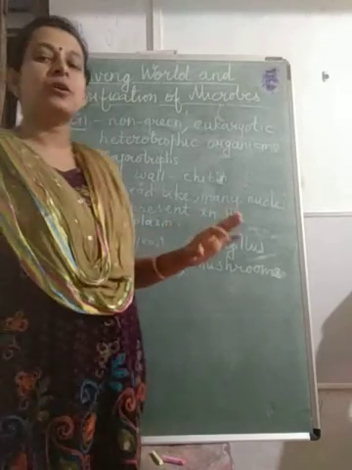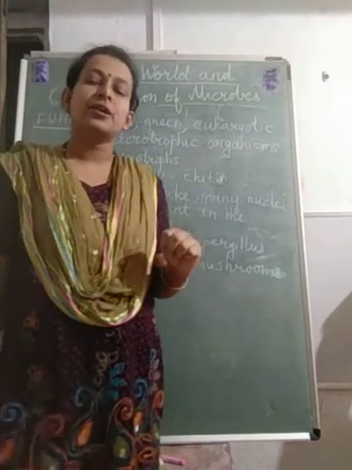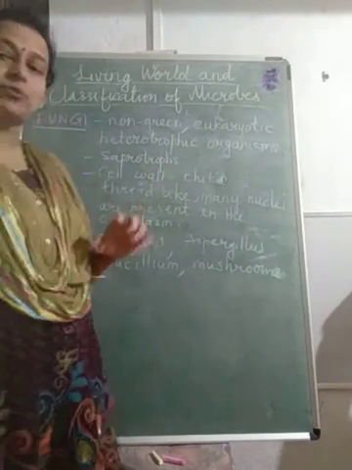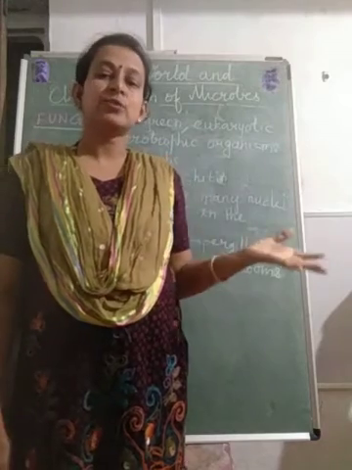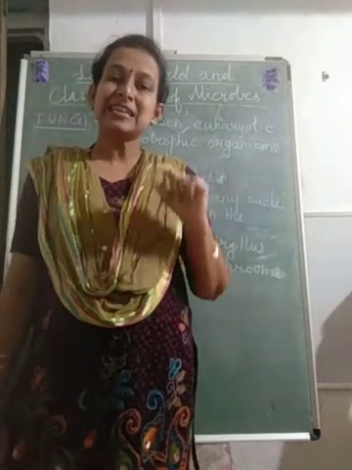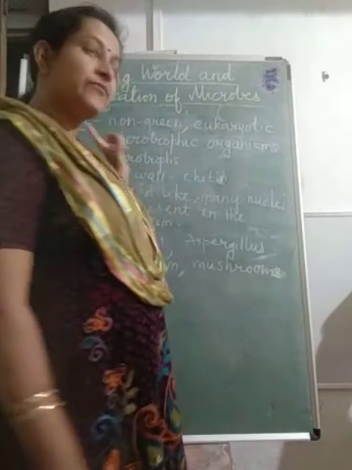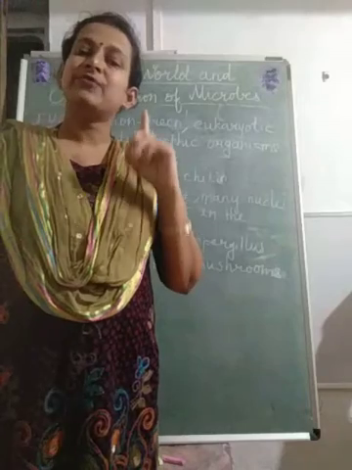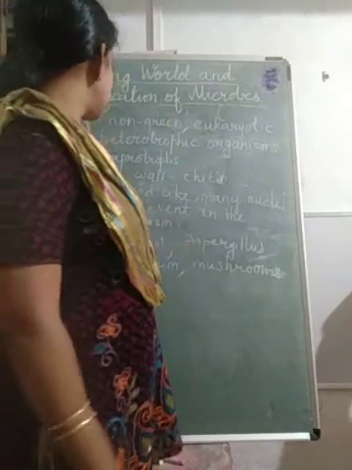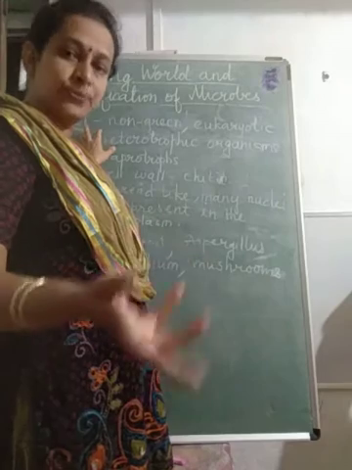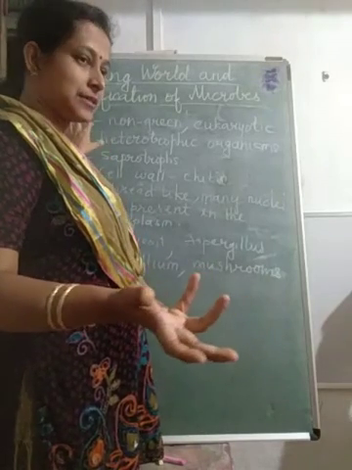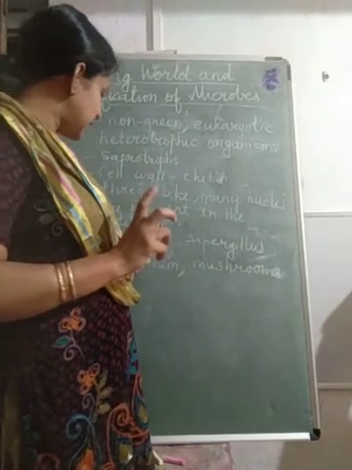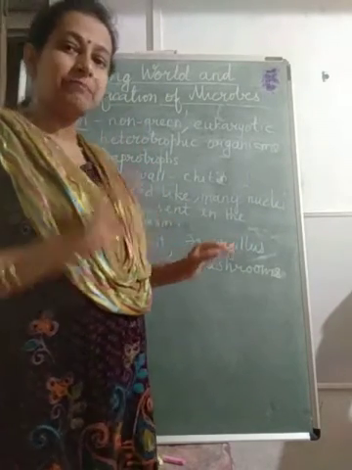Now let us know about some examples of this kingdom. First, you might have heard about baker's yeast, which is used mostly to make bread. This yeast also belongs to the kingdom fungi, and yeast is the only type of organism here which is unicellular. Except baker's yeast, all others are multicellular.